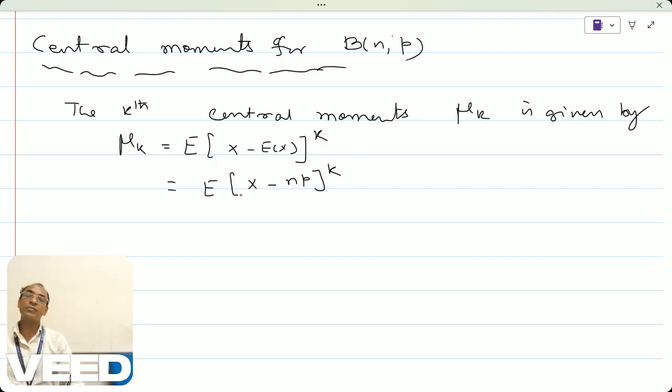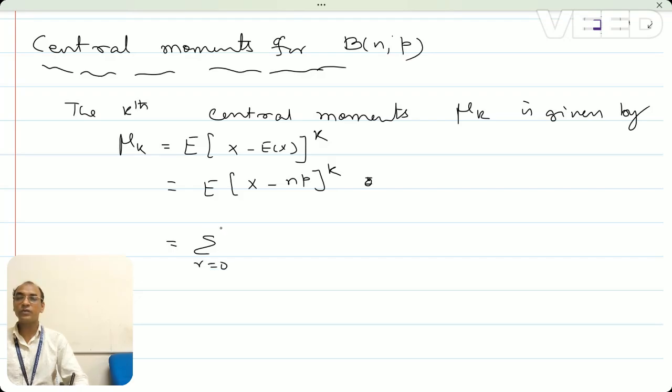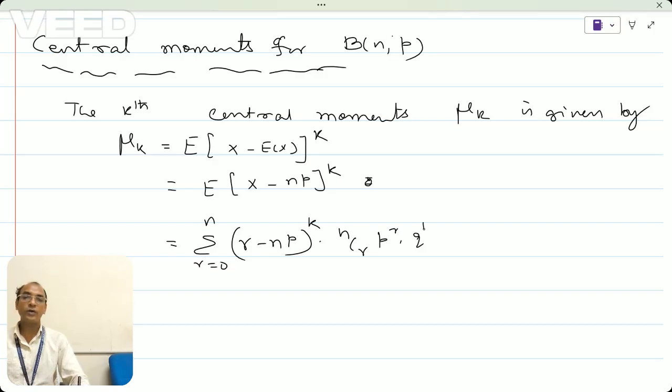But this x can take the random variable value r. So we can write the expectation as summation r equal to 0 to n of (r minus np) to the power k into nCr p to the power r into q to the power n minus r, because this is your expectation.